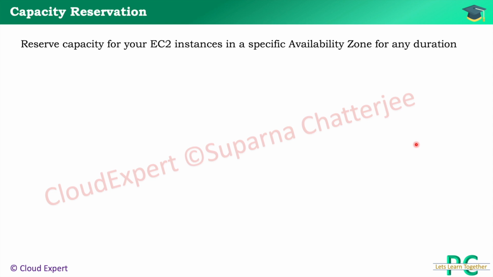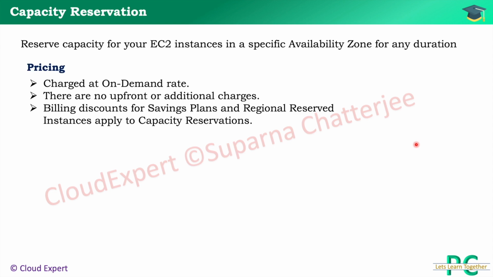Next, capacity reservation. Under capacity reservations, you can reserve capacity for your EC2 instances in a specific availability zone for any duration. Now let's review the pricing. Capacity reservations are charged at the equivalent of on-demand rate whether you run an instance in the reserved capacity or not.